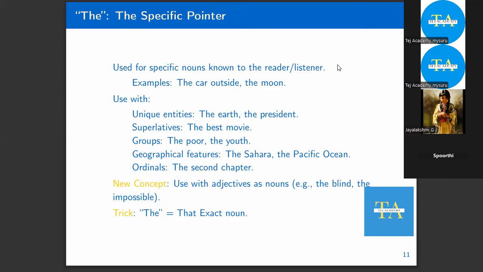Here, the is used with that exact noun. So, as I said in the very first line, it is used for the exact things that both the reader and listener know. So that was about the. And here, the one exception that you should focus on is that when we speak about mountain ranges, we use the, but when we are speaking about a single mountain, there is no necessity of using the or any article.